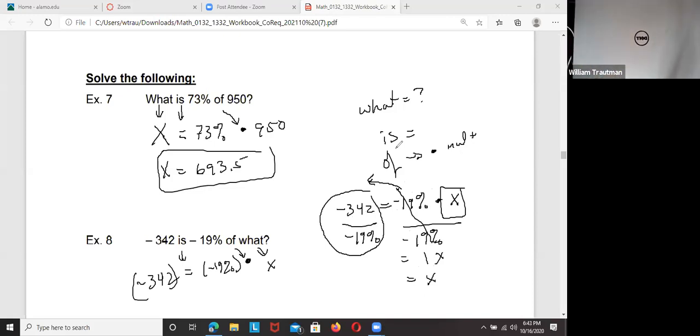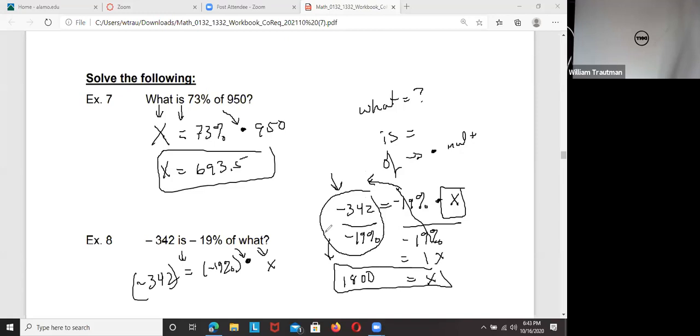So I need to put that into my calculator. Hit the fraction button, negative 342 divided by negative 19%. And when I put that in my calculator, I get 1,800. So try putting this in your calculator.